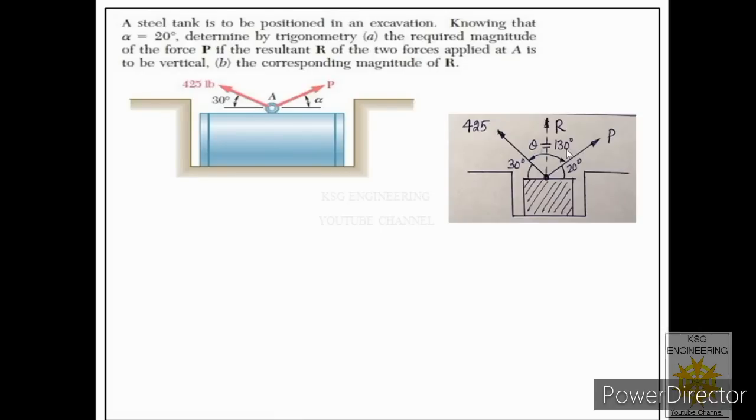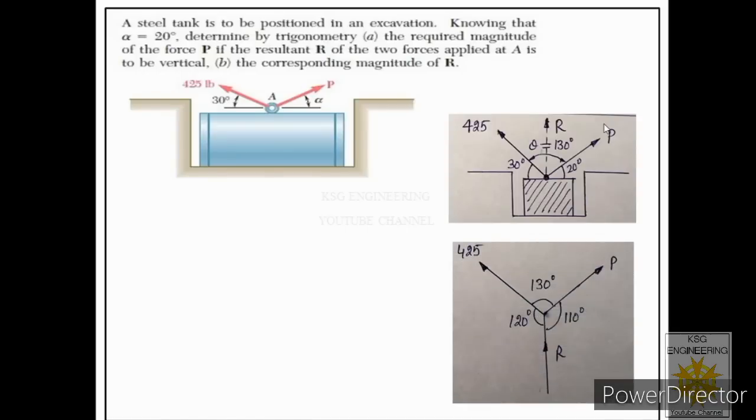After this, we will apply Lami's theorem, because I feel that with that theorem we can easily solve this problem. Even we can apply the parallelogram law also. So let us use Lami's theorem here. For that we will arrange the forces in this manner.